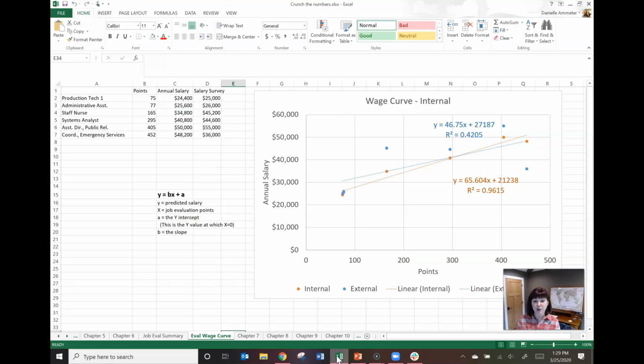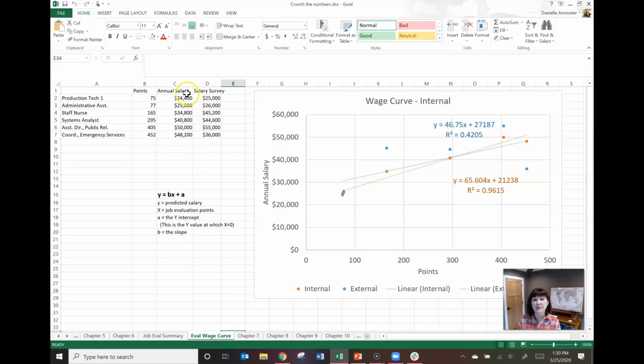So if we go back to our job evaluation exercise, so we have these jobs over here. Remember the production tech, administrative assistant, the staff nurse, systems analyst, these jobs here. So you guys went through and you evaluated each of these job descriptions based on our job evaluation guide, that rubric where we looked at those compensable factors and you assigned point values.